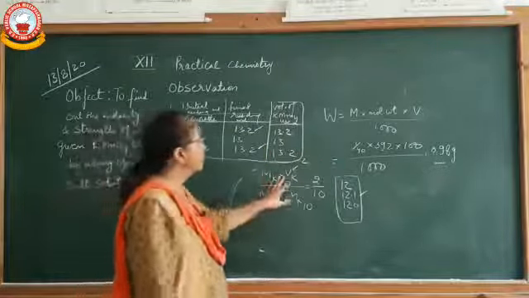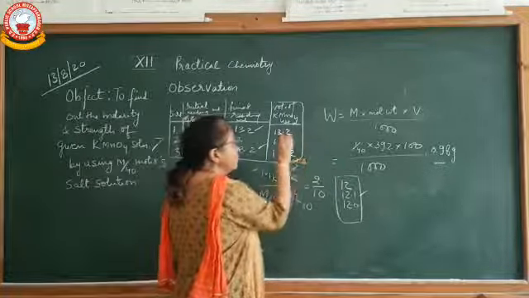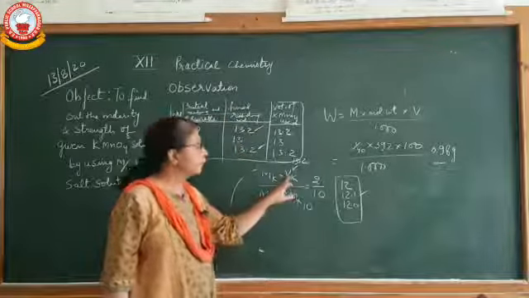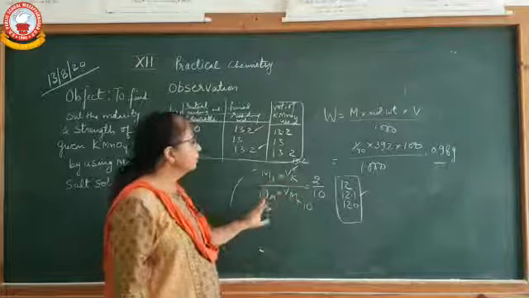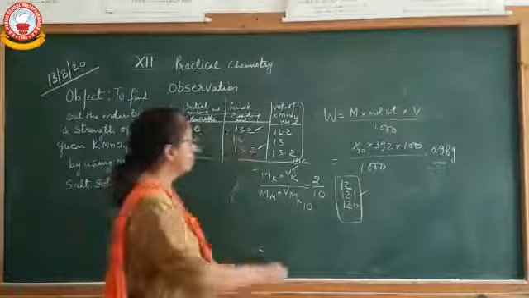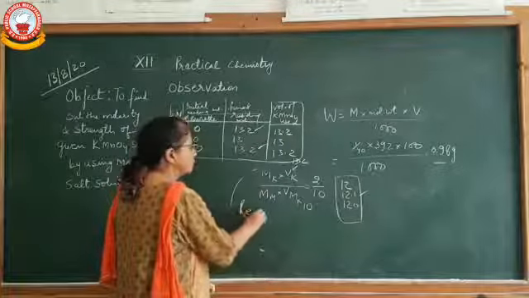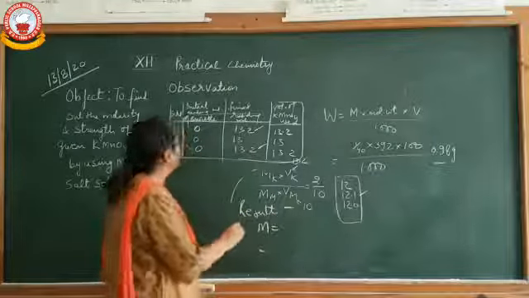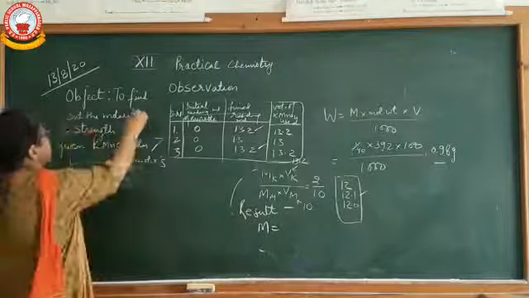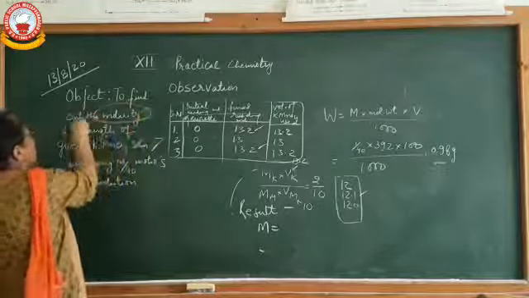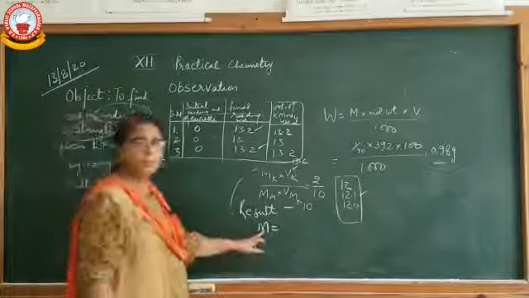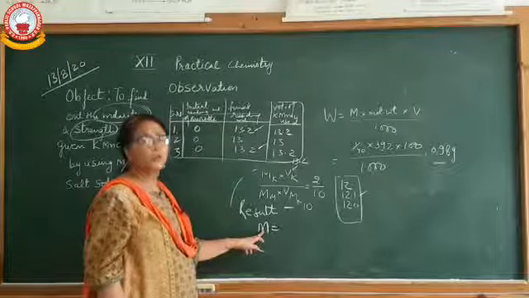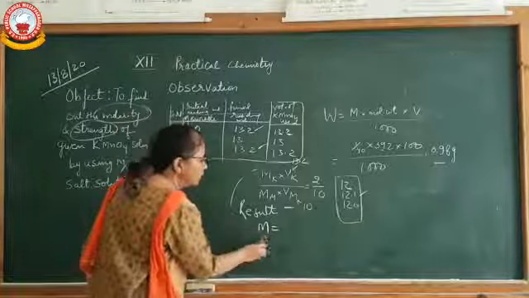In this formula you will use 13.2 as the concordant reading in place of the volume of KMnO4, and then you will calculate 2 things. You will write 2 things in the result. One will be your molarity, and because in your object you are asked molarity and strength, one thing you will record in your result will be molarity, and another will be strength.